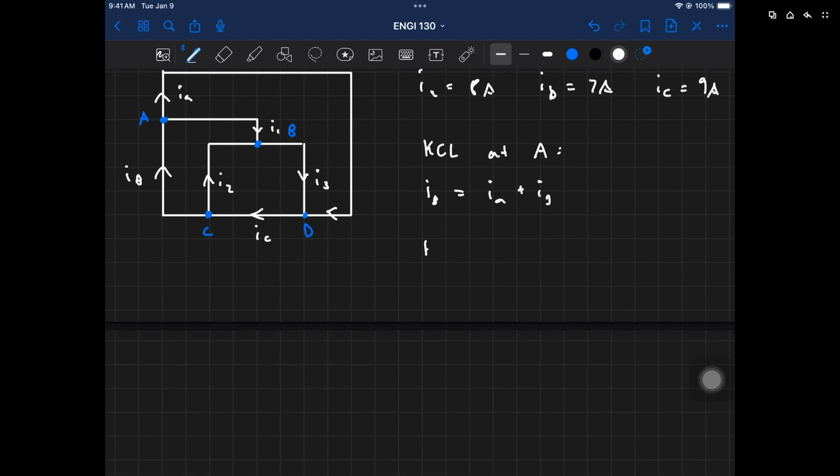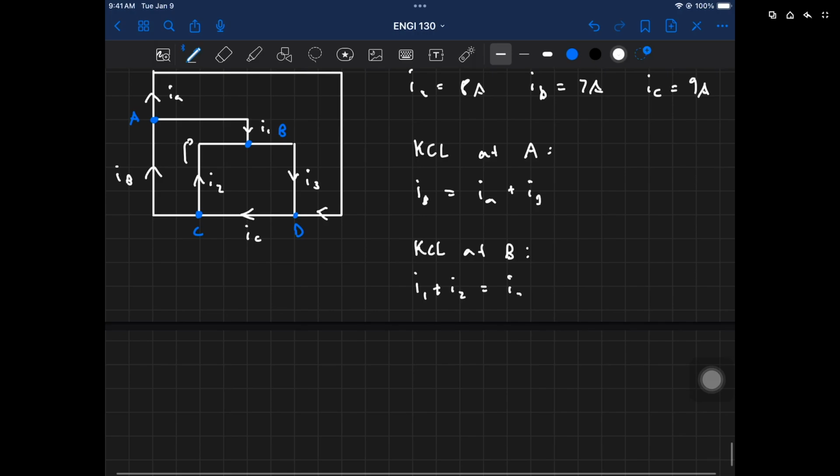Now, next we have KCL at B, which is just coming in is I1 and I2, right? So I2 kind of comes like this. I1 plus I2 is equal to I3.